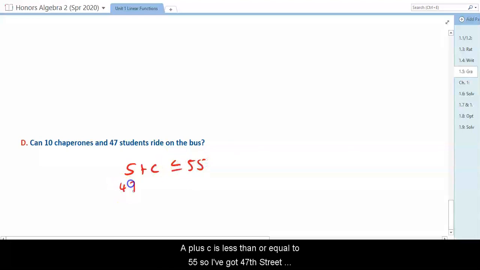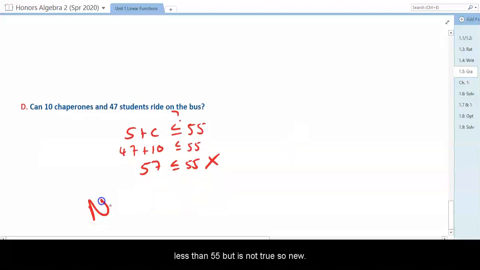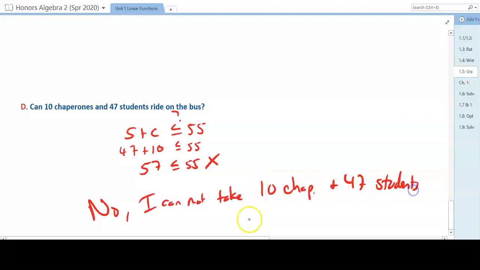So I've got 47 students and 10 chaperones. Is that less than 55? I get 57 is less than 55. That is not true. So no, I cannot take 10 chaperones and 47 students on the bus.